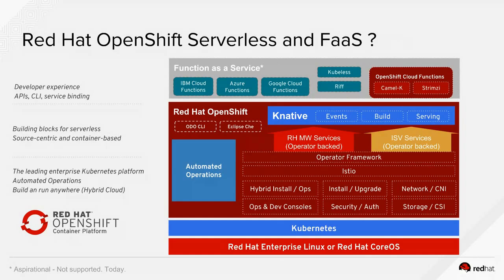Because given the nature of Kubernetes and OpenShift, you can run that on-premise or on any cloud. We are also working on our own FaaS, which is OpenShift Cloud Functions, but you can see how that becomes a more easy way to avoid lock-in, right? So if you like the Azure Functions model, let's say, or the IBM Cloud Functions model, you can still do that on-prem or even on a different cloud provider if you want to.